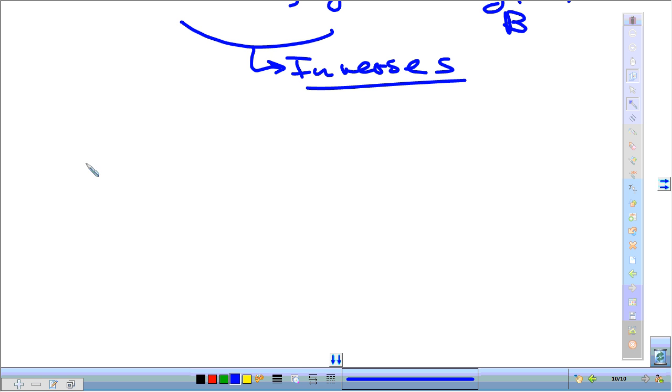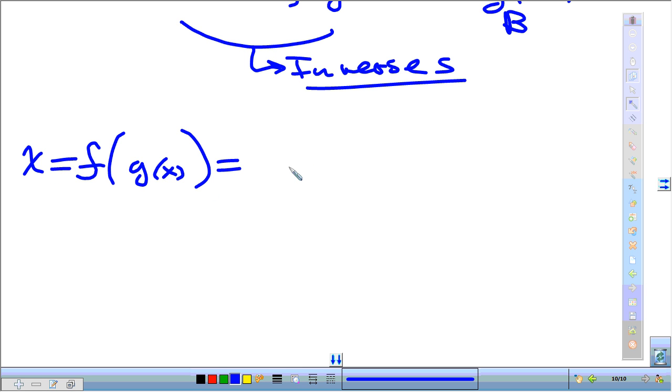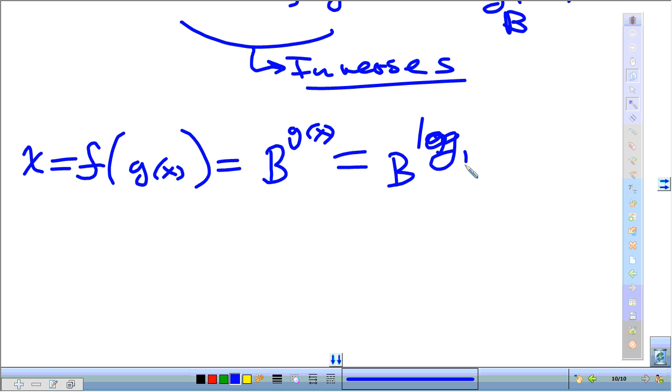So that means that if we do f of g of x, that would give us x, which in this case would be b with exponent g of x, which is b, exponent would be log base b of x.